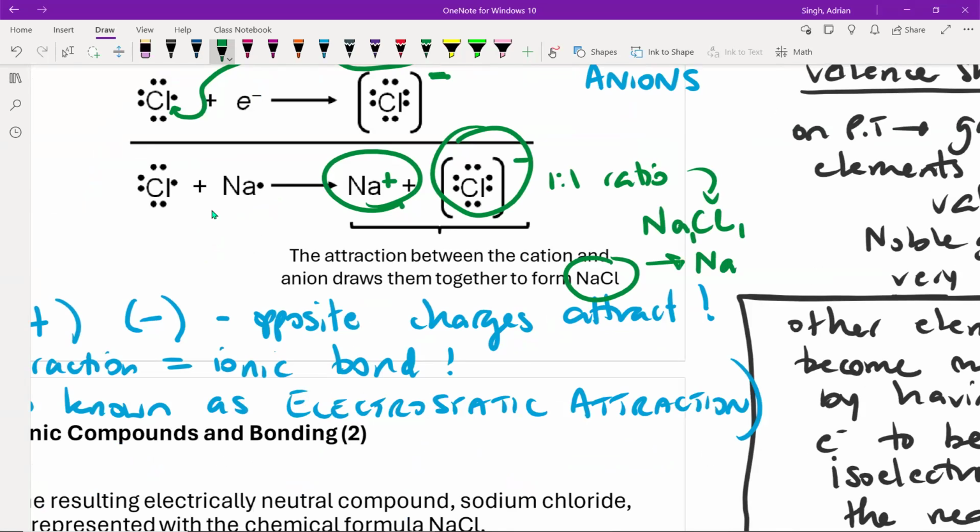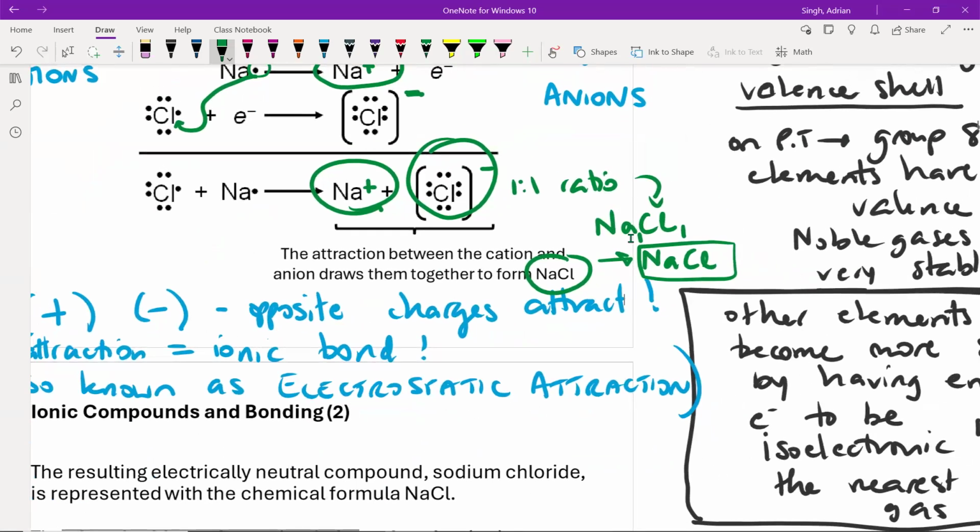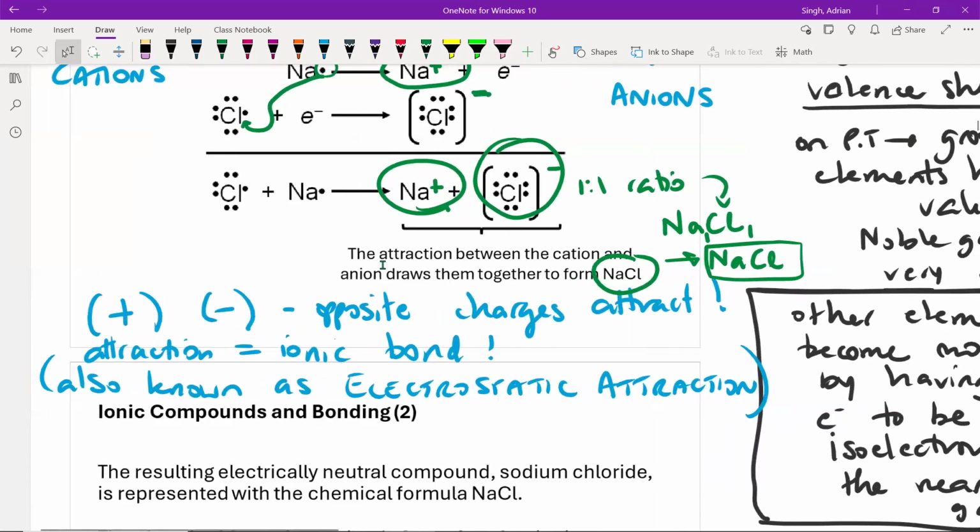The ones are understood, so it's just NaCl. We saw NaCl back at the very beginning when we introduced ionic versus covalent. So the ratios there are subscripts in the formulas, and those ratios are dictated by the charges. You need the charges to cancel out when you combine your ions.